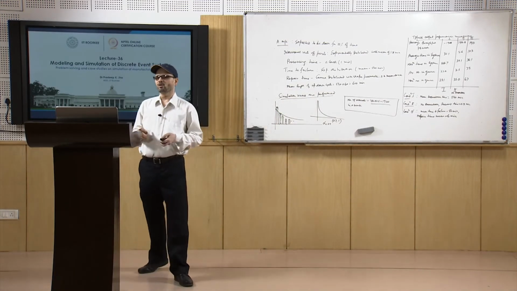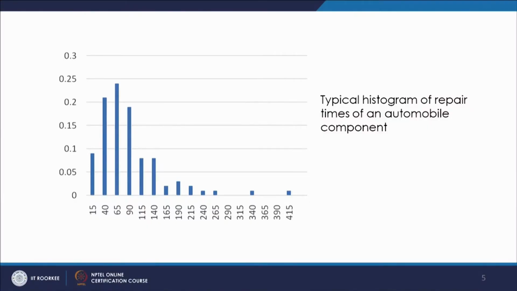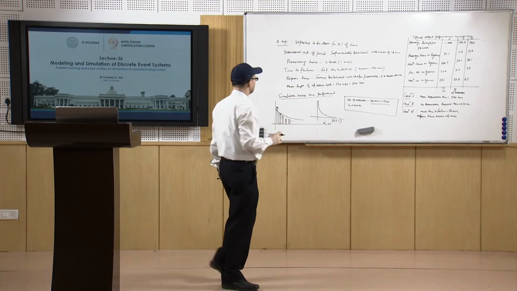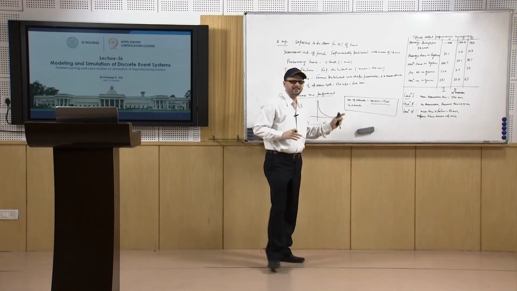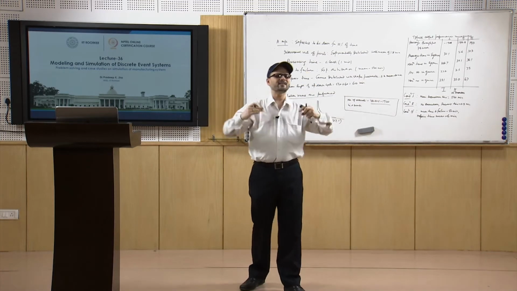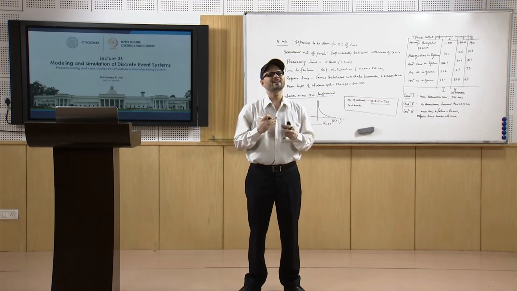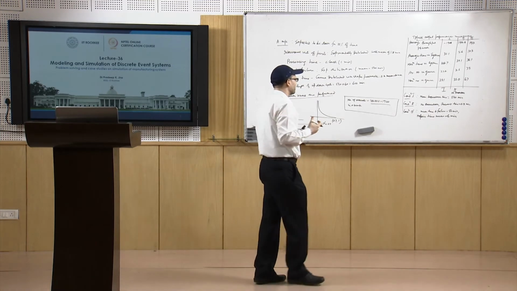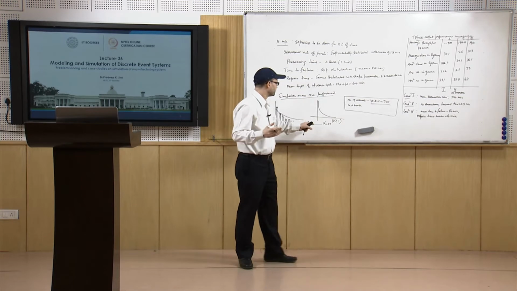Similarly, if you go for the typical histogram of repair times, what is seen is that it does not fit with the exponential distribution. Whenever you have the data, you try to fit it. Many a time it fits with a certain kind of gamma distribution with some shape parameter value.